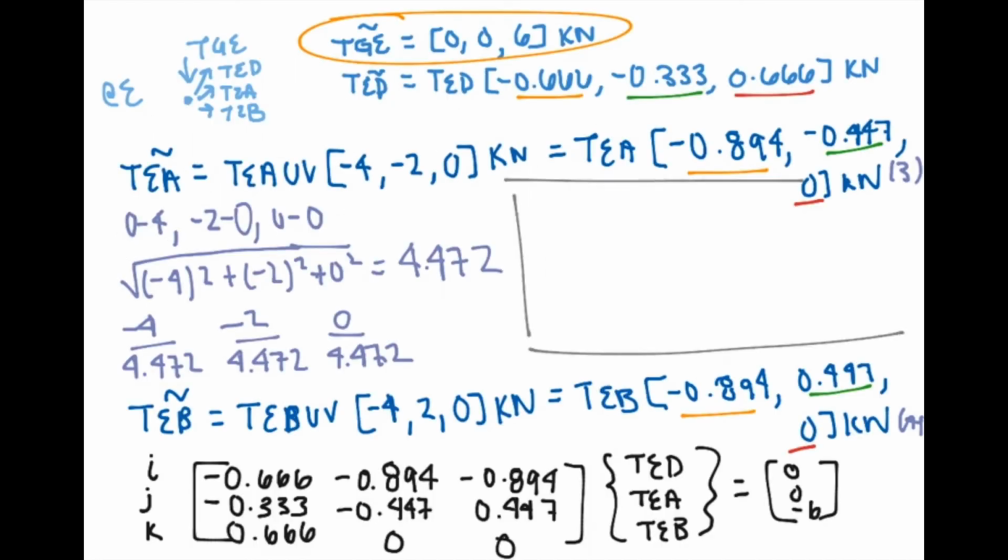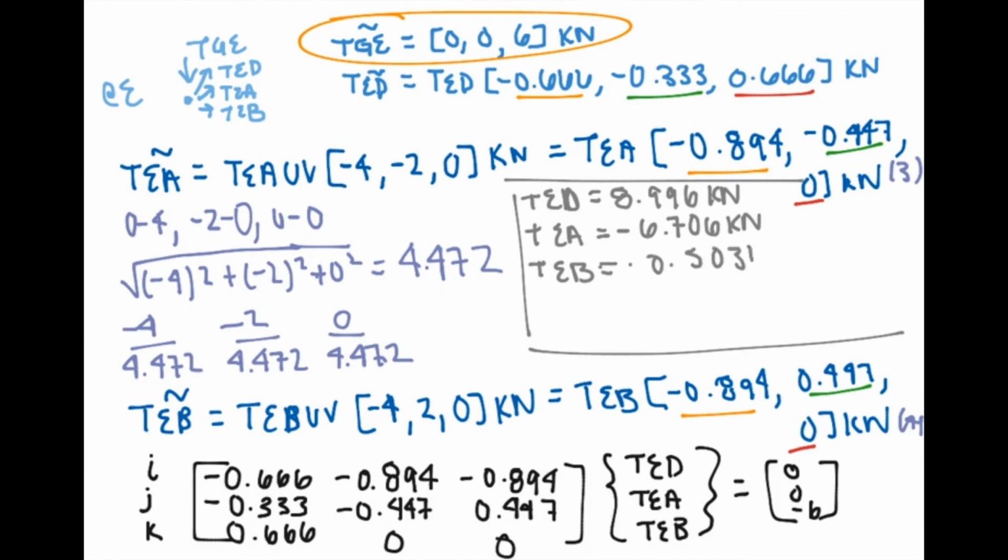The final answers are going to be that TED equals 8.996 kilonewtons. TEA equals negative 6.706 kilonewtons. And TEB equals negative 0.5031 kilonewtons.